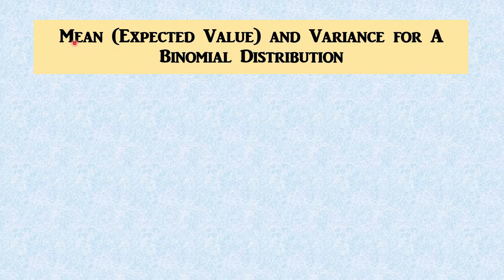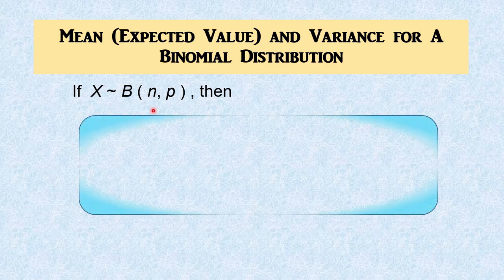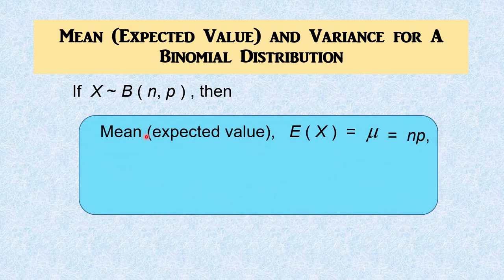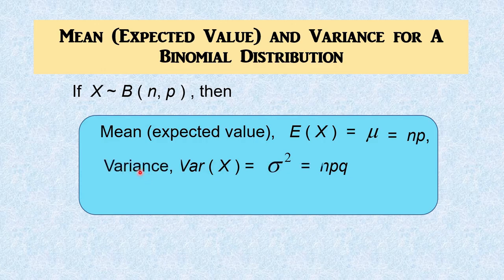Now we continue to find the mean or expected value and variance for a binomial distribution. If X is a binomial distribution with n and p, then the mean or expected value E(X) or mu is n times p. The variance, sigma squared, is n times p times q.